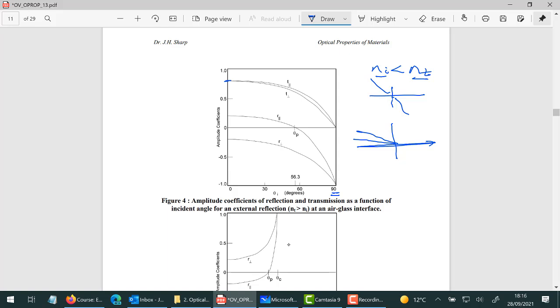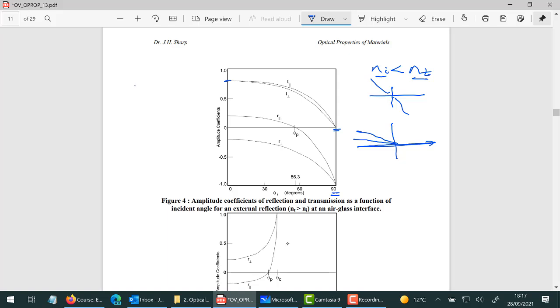The energy has to be conserved, and so if you put 1 unit of energy in, you must get 1 unit of energy out, and if 0 units of energy are in the transmitted beam, then all of the energy must be in the reflected beam. So we get a coefficient of -1. Now the -1 tells us not just about the magnitude but also the direction.